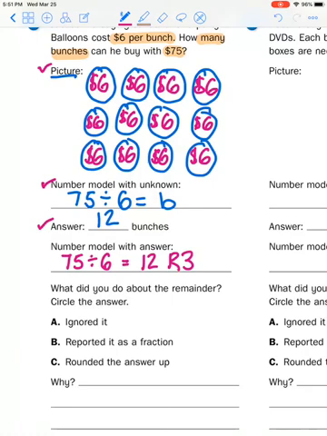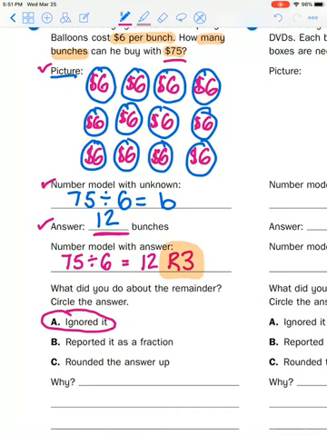And you might be thinking to yourself, why didn't I include the remainder when I wrote the answer of bunches? That's because in this problem, you have to ignore that remainder of 3. And I'm going to tell you why. Because you can't split up money like that. You can't buy another bunch if you don't have enough. They only had $75.